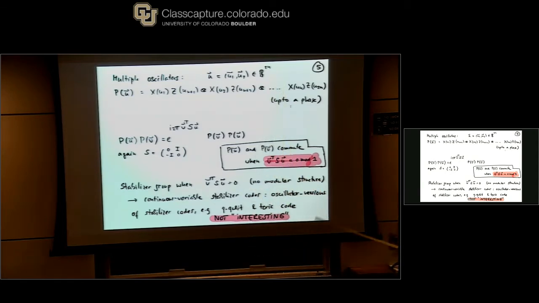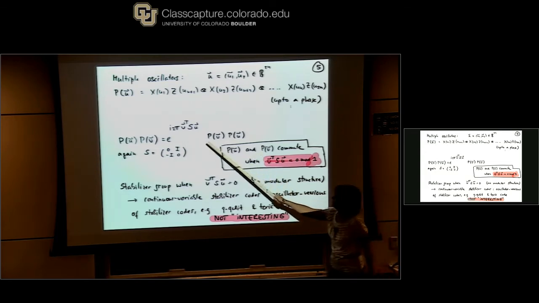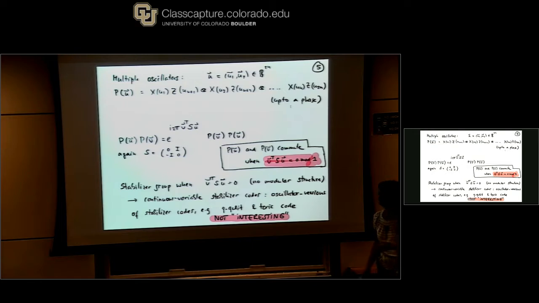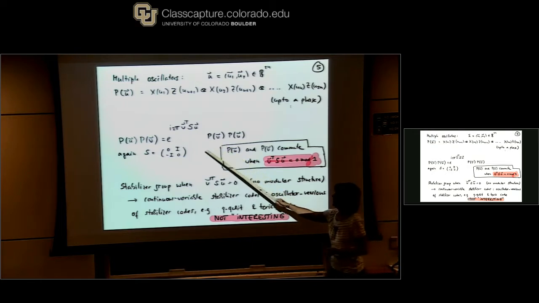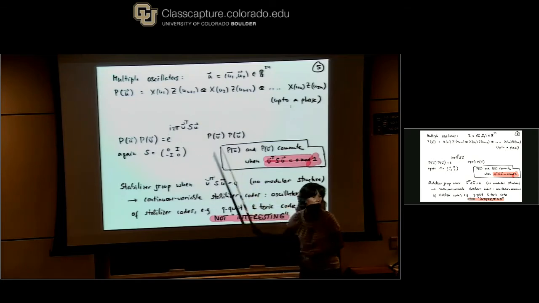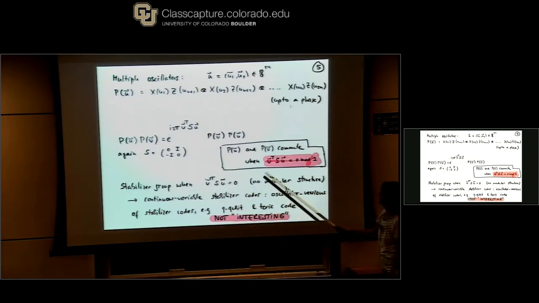And now there's a very important point I want to make as a last comment, and I find this conceptually very interesting. So you say, well, when do these commute? What I want to do for oscillators is again construct an abelian group. So I want to construct a set of PUs that are commuting. So this phase has to be 1, right? Now how can this be 1?